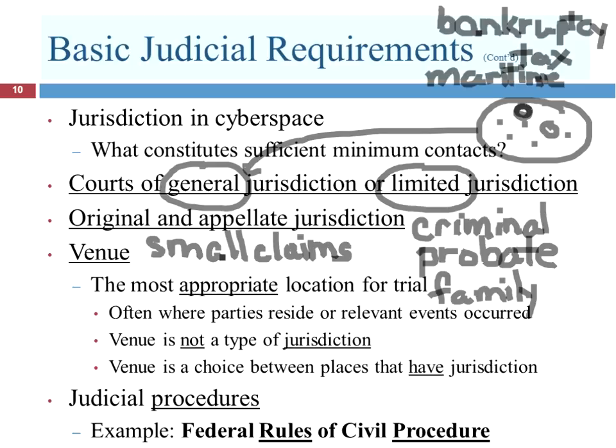Similarly, if I file a contract dispute involving two entities that aren't in bankruptcy, and I file that in a bankruptcy court, the bankruptcy court will say, no, we just handle these carved out territories. We don't handle the garden variety disputes. You have to go to a court of general jurisdiction for that. So that's how the distinction works.